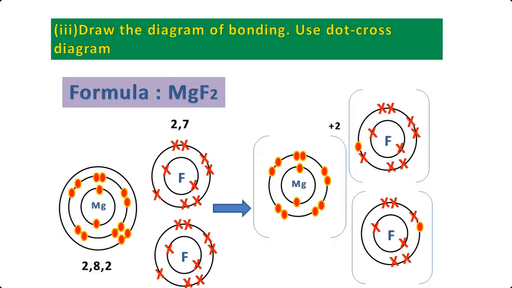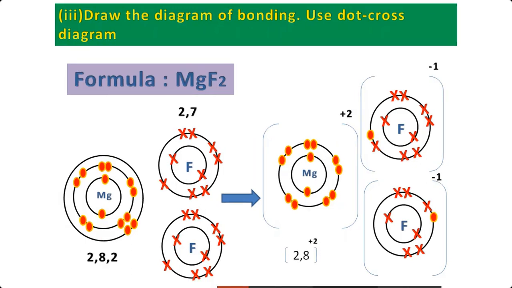So here magnesium ion has a charge of +2 as a result of losing 2 electrons. Each fluorine atom gained 1 electron, so the overall charge of this ionic compound is equal to 0. So here we have the electronic distribution of magnesium, the electronic distribution of fluorine atoms. And as we know, after transferring of electrons, magnesium ion and fluoride ions have the noble gas electronic distribution, which is stable.